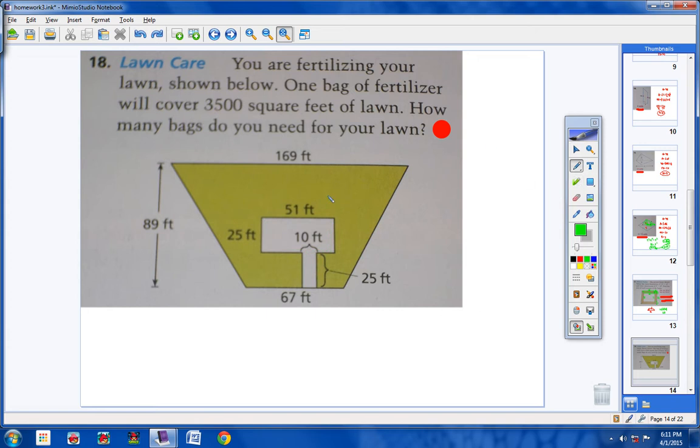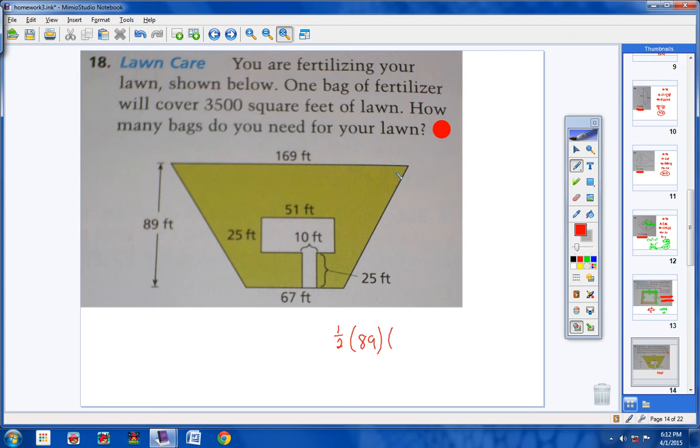So let's first of all find the area of this entire green trapezoid, this whole thing, even the white part, this whole trapezoid, okay? Well, the formula for area of a trapezoid is 1/2 times the height. Well, the height would be 89 times the two bases being added together.